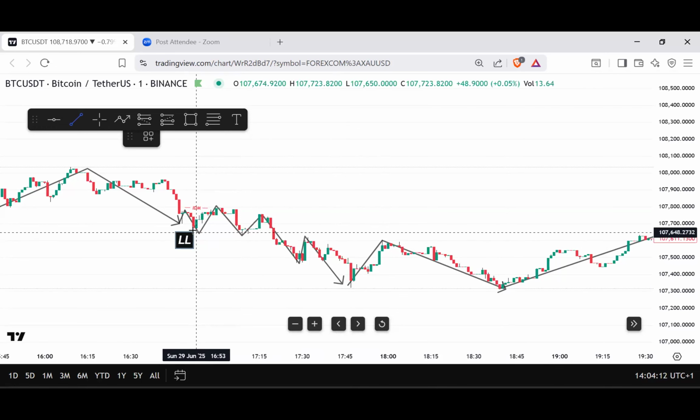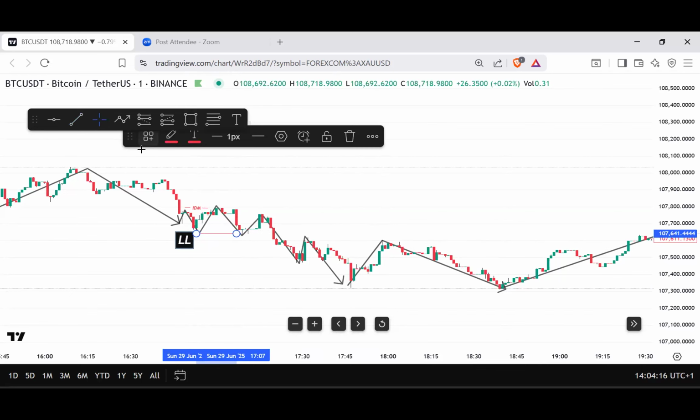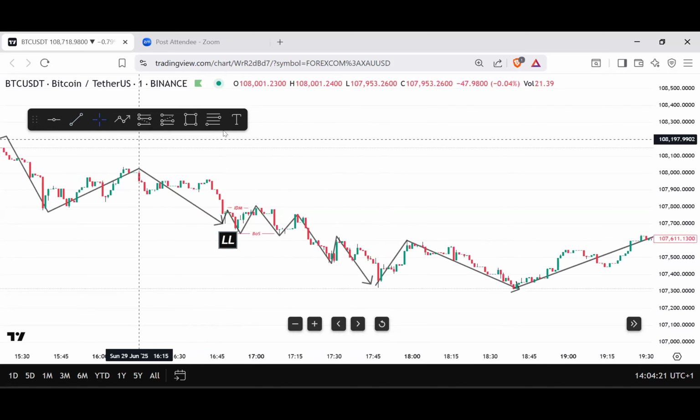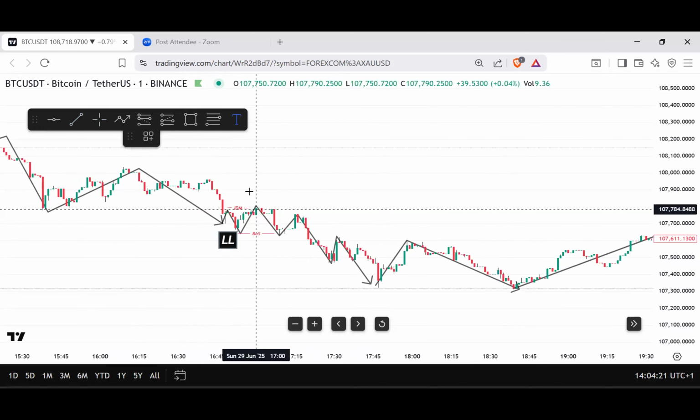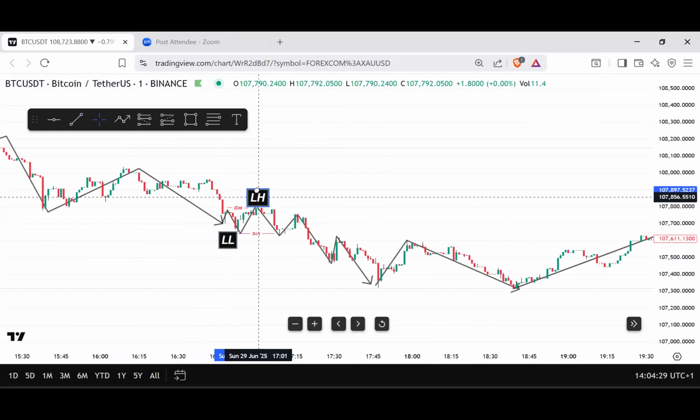So the continuation now creates structure number 5. Yeah, correct. Lower high. Yes.